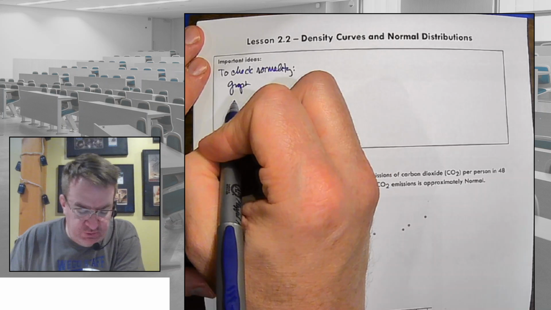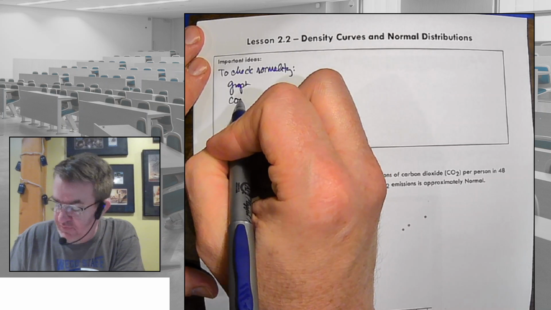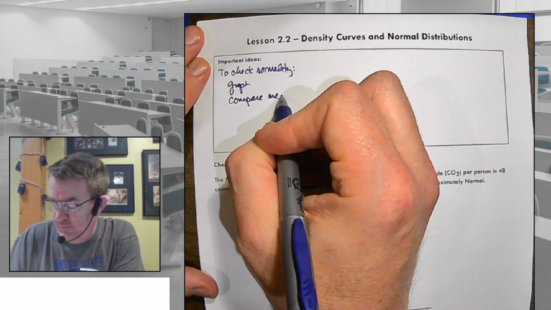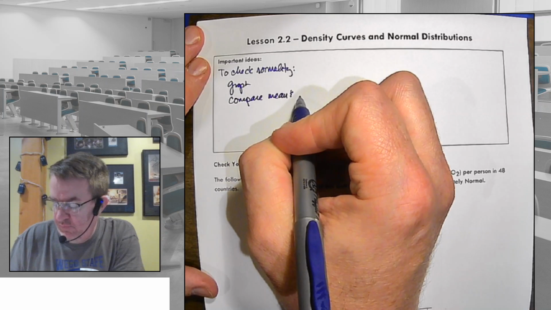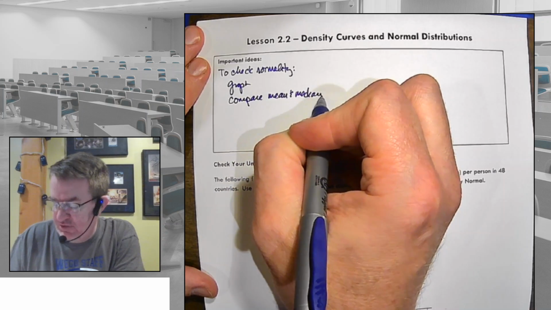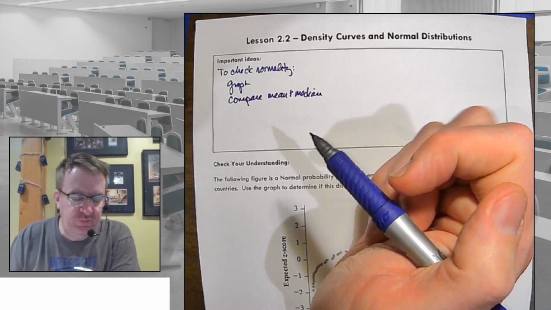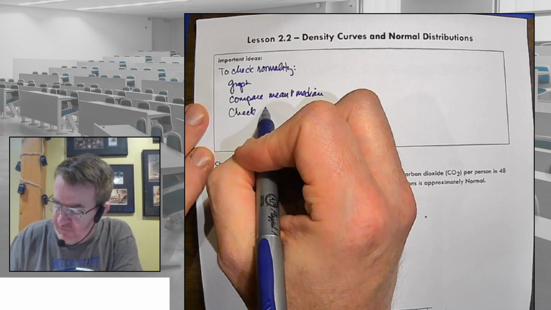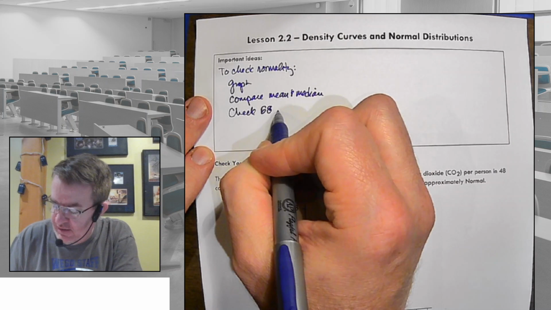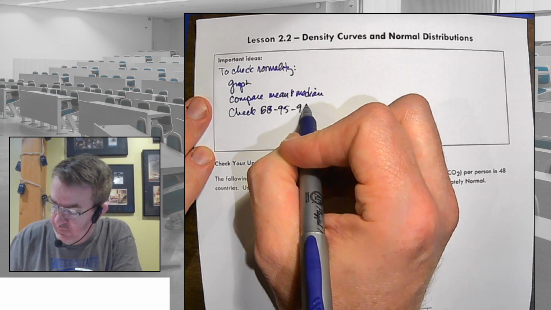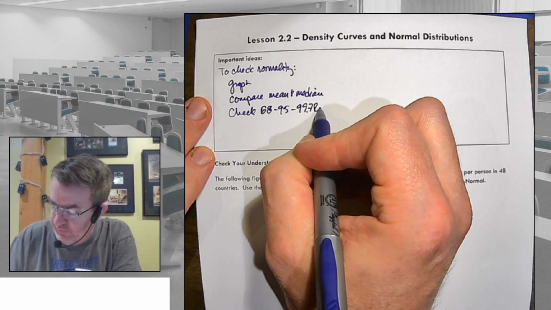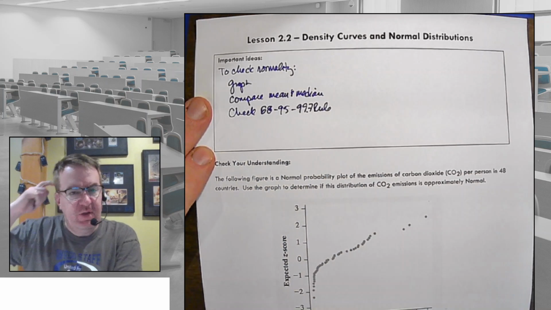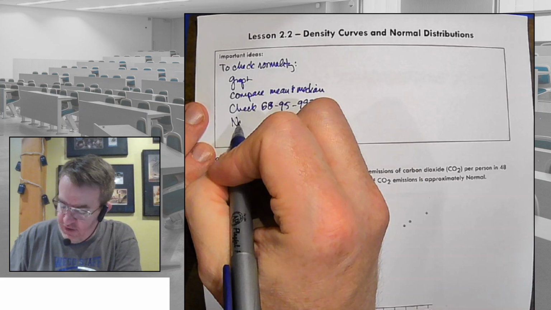You can do a comparison of mean and median. Again, some of these just more or less confirm that they're not normal, but we'll talk more about it as it goes. You can check your 68, 95, 99.7 rule. And then last but not least, you've got our normal probability plot.